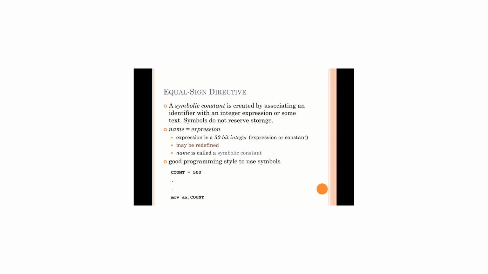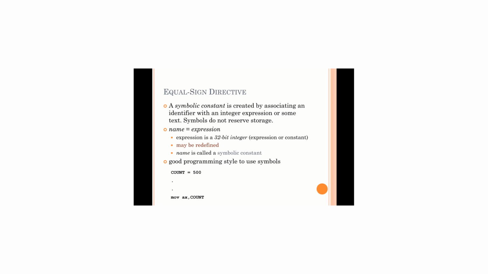Just like in C++, you could use an equal sign to give an identifier or a name equal to an expression, and use that name to represent the integer the expression evaluates to. It could be a 32-bit integer or an expression that evaluates to a 32-bit integer.